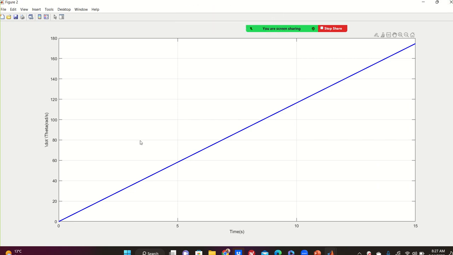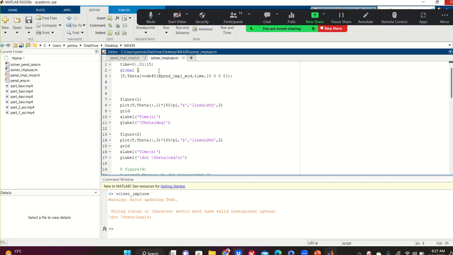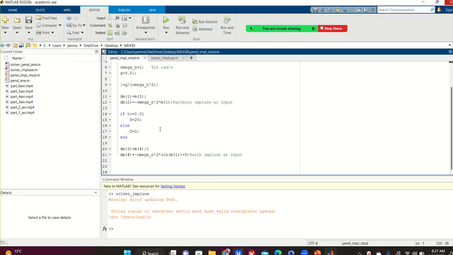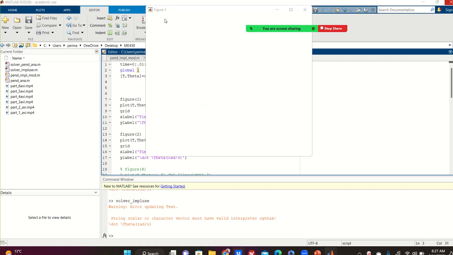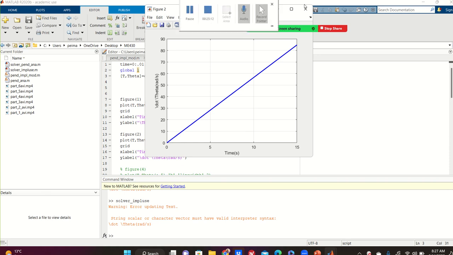This is the impulse, a huge force. See the angle? Maybe it is too much. Let me put this as 10. It was a huge one because I want to plot everything. Yeah, that's much better.